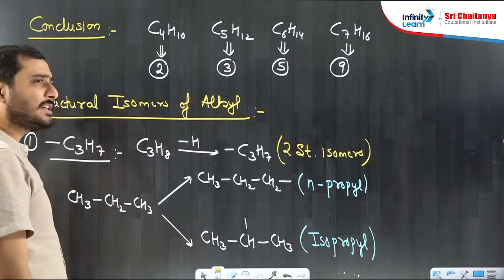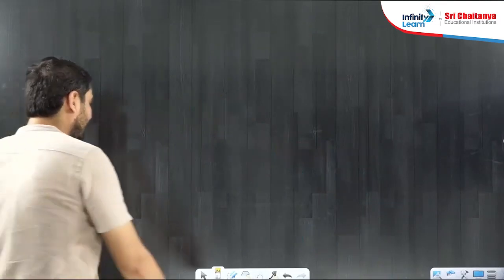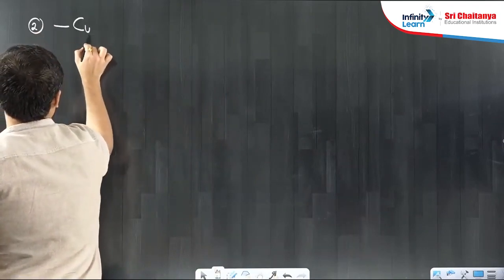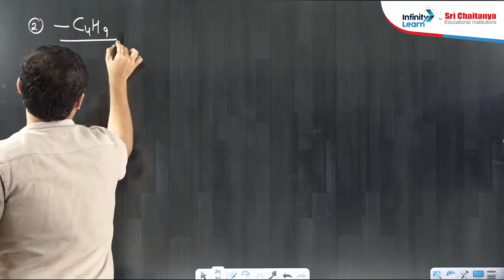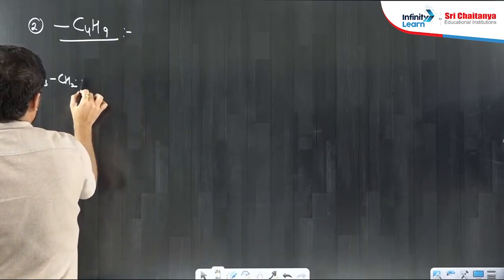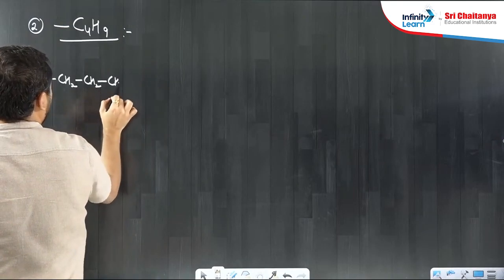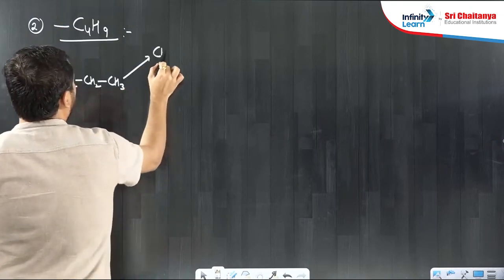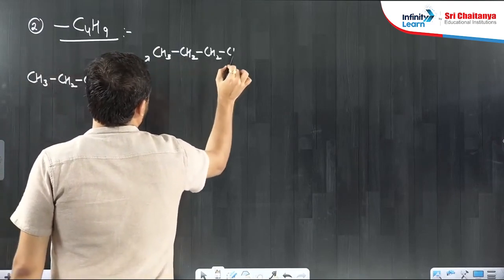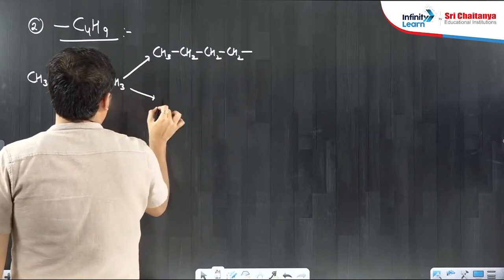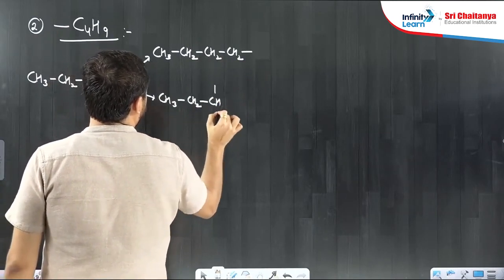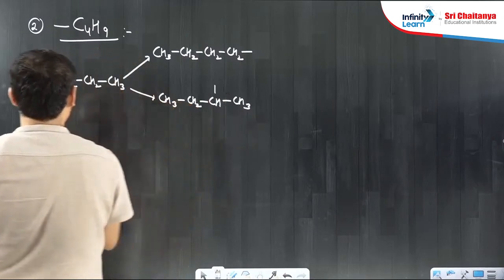Similarly, we can draw for C4H9 also. Now for C4H9, first if we take CH3, CH2, CH3, and remove hydrogen from any of the end carbon, this is formed. If I remove hydrogen from second carbon, CH, CH3, this we will get.